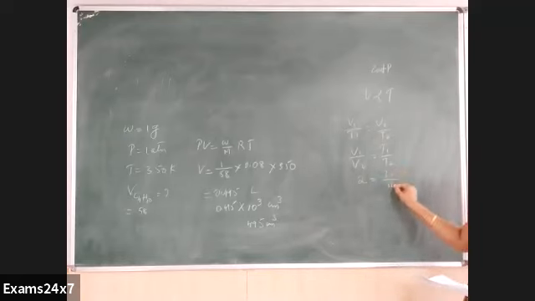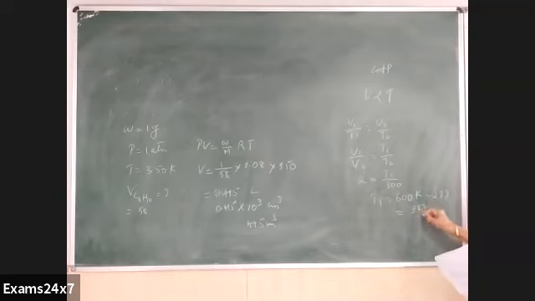So T1 by 300, T1 equal to 600 Kelvin. But options are in degrees Celsius. How do you get it? Minus 273, no. Kelvin to degrees Celsius gives you 327 degrees Celsius. Understood? Why have I taken this V1 by V2 as 2? They said the volume is doubled.